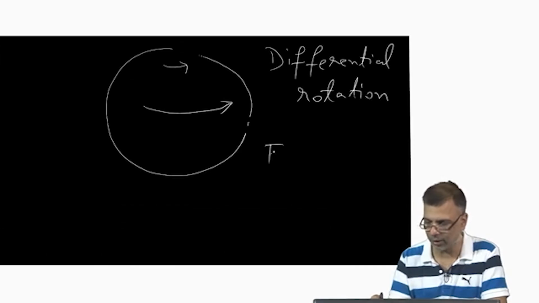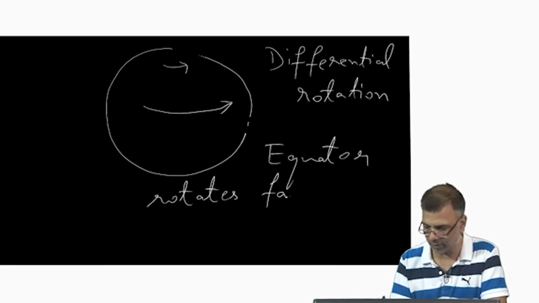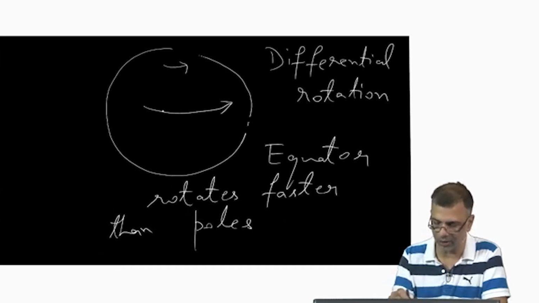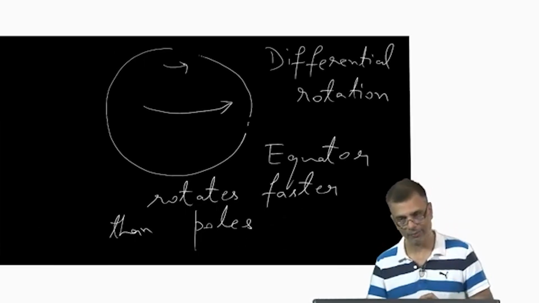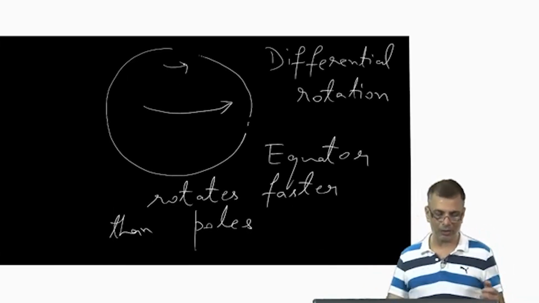So this would be a sketch of the phi-directed velocity vector at the equator, and that would be a sketch of the phi-directed velocity field near the pole. So this is longer than that. This is one of the main observational pieces.